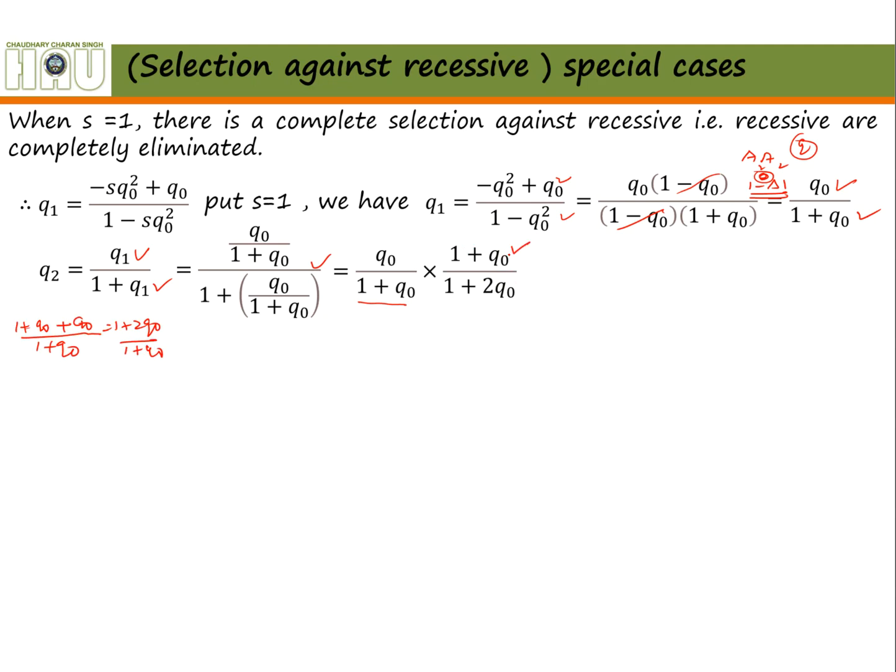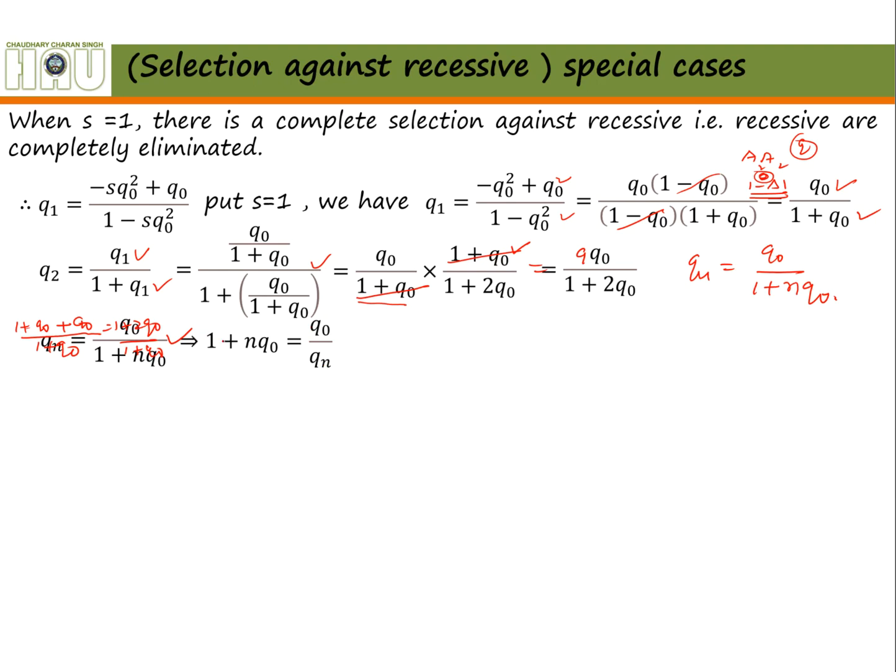So I just change the numerator and denominator, 1 plus q0. Now this 1 plus q0 can be cancelled out. So we will get q0 upon 1 plus 2q0. If I keep going on this side, I can find out qn as q0 upon 1 plus nq0. So this is the expression.